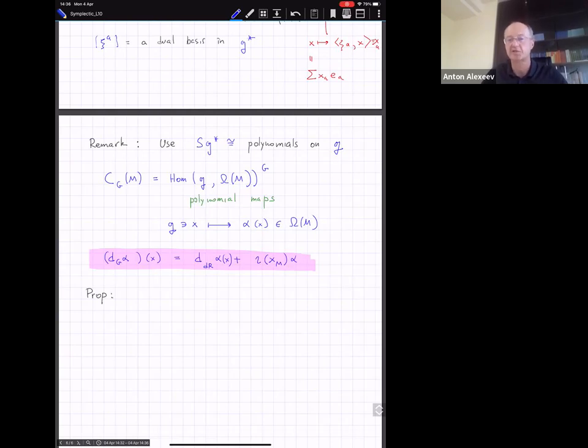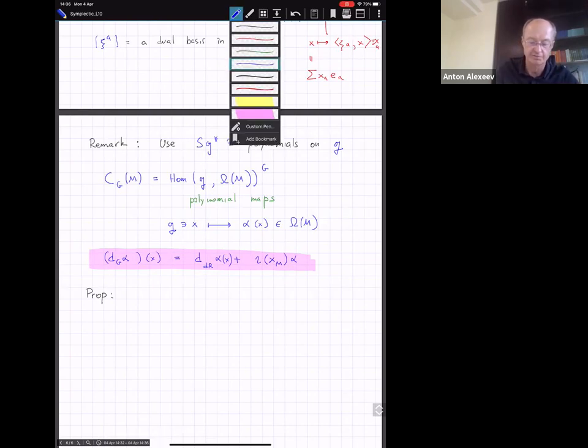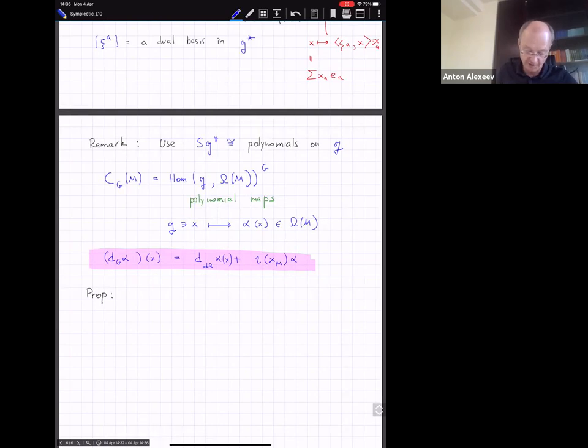So we're slowly getting there. It's getting more and more concrete. We started with some abstract nonsense. Now we have an almost understandable formula, and we're going to work with it. Let's check that d squared is 0, and then we'll see an example. So proposition: d_G squared is 0 on C_G(M).